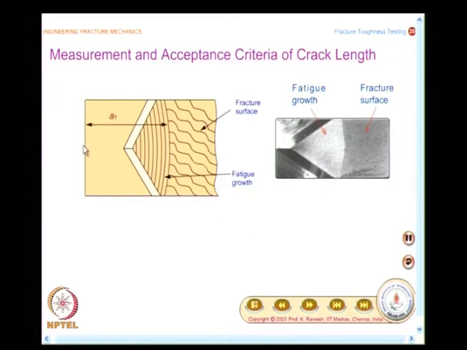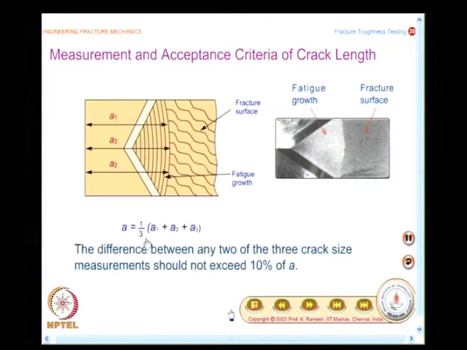For measuring the length of the crack, you make three measurements, one along the center of the specimen, another measurement halfway up, another measurement halfway down. So, you have these as A1, A2 and A3. From these three measurements you get the crack length as A equal to 1 by 3 (A1 plus A2 plus A3).